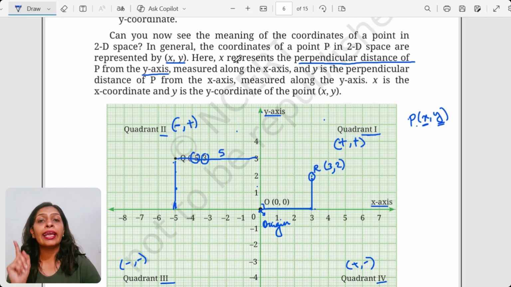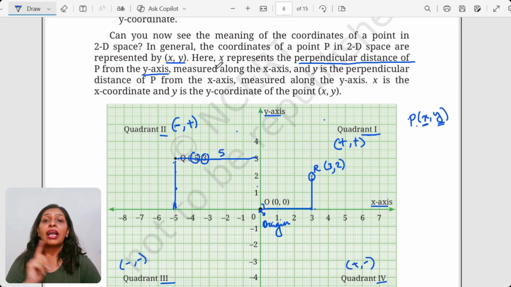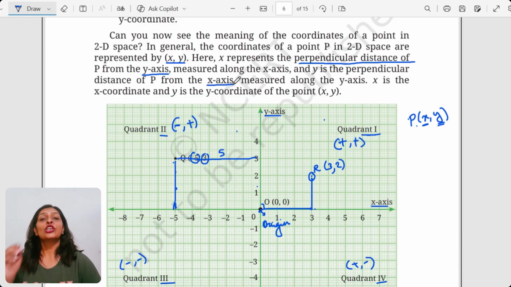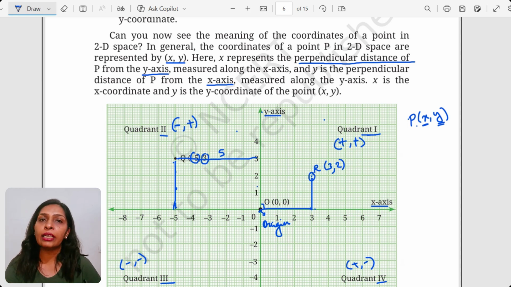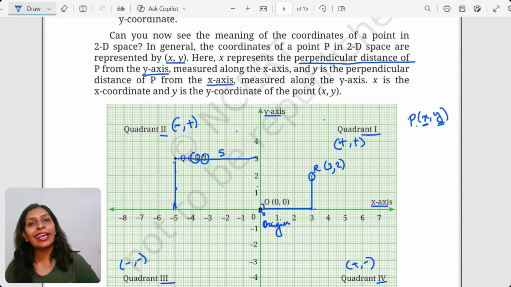So here x represents the perpendicular distance of P from the y-axis, and y is the perpendicular distance of point P from the x-axis. So it's basically a crisscross. The x coordinate will tell me the distance from the y-axis. The y coordinate will tell me the distance from the x-axis.